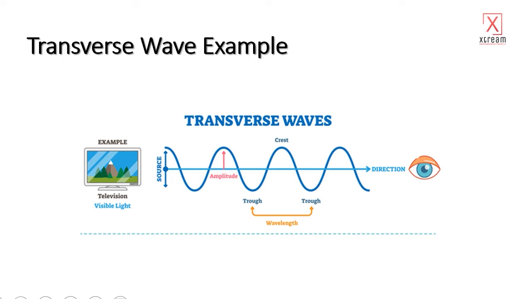So the light wave propagates along the x-axis to the receiver, and we have troughs over here and crests over here. These are the amplitude of the wave.